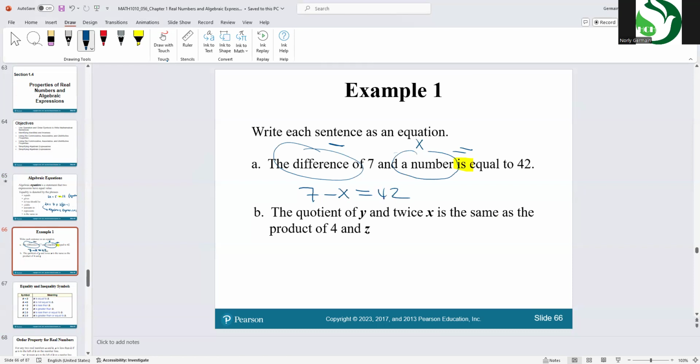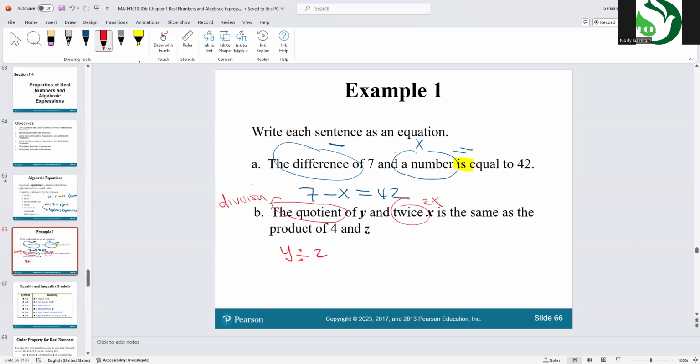The quotient of y, remember, when we talk about quotients, what does quotient mean again? Division, right? Quotient means division. So we said the quotient of y and twice x, twice means 2 times x.